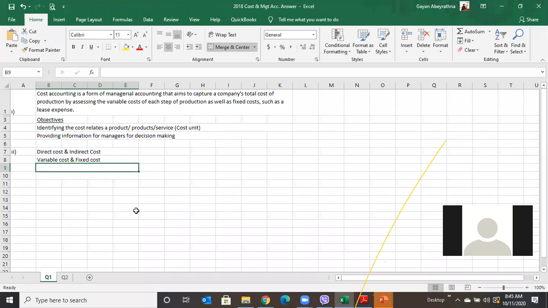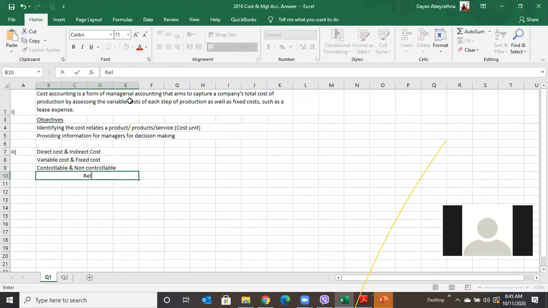Yeah, we can classify it as controllable and non-controllable. Then what are others?